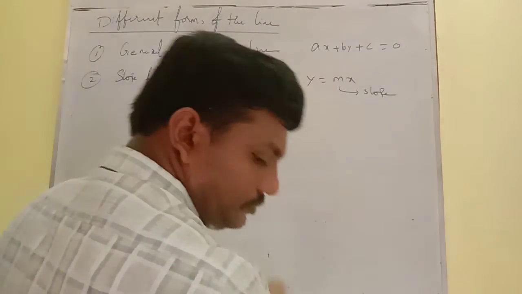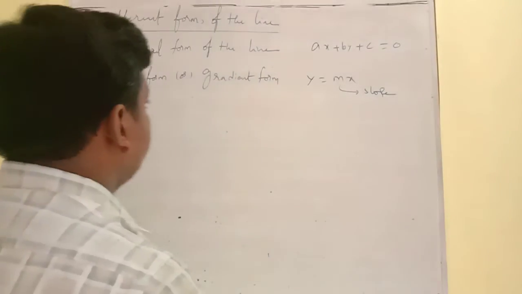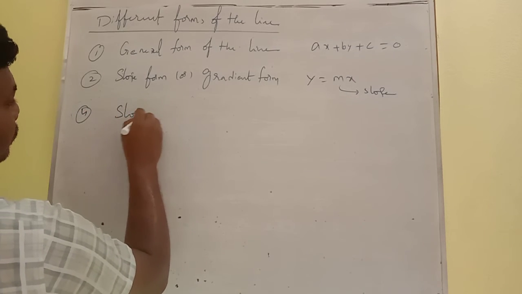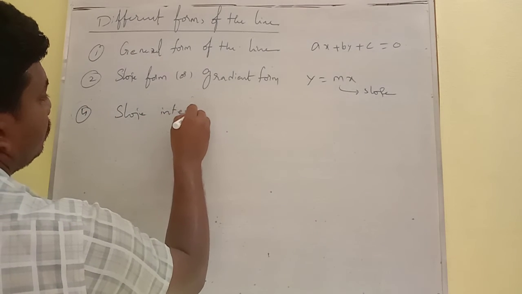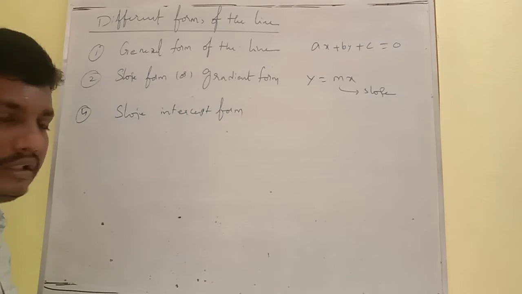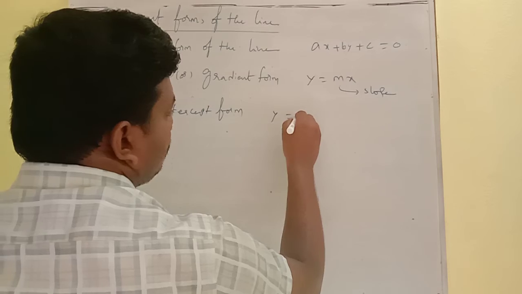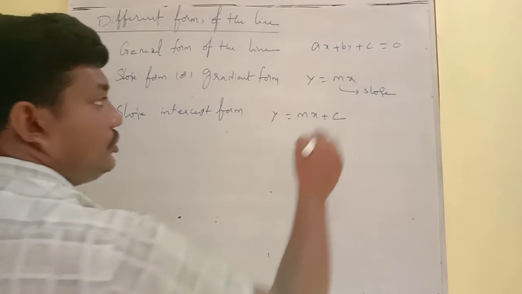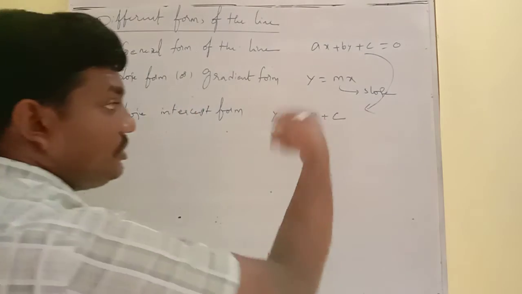Then slope intercept form. This is the fourth one. Slope intercept form: y is equal to mx plus c. The general form of the line equation can be changed like this.